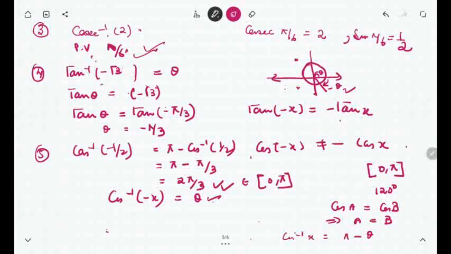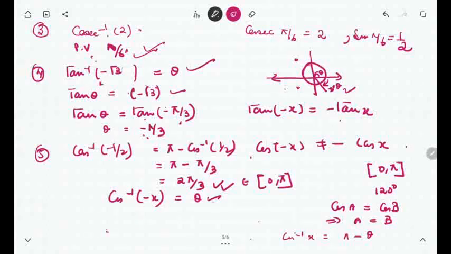Tan inverse minus root 3. Put this equal to theta. Suppose you forget the principal value branch, do it like this. Tan theta is minus root 3, which is tan of minus pi by 3, and theta is minus pi by 3. Again, in the fourth quadrant, tan is negative.